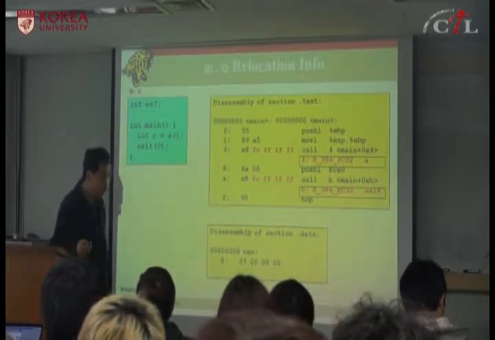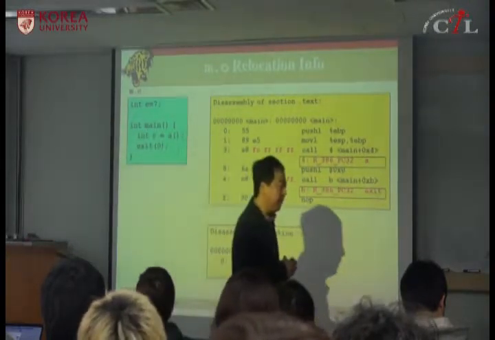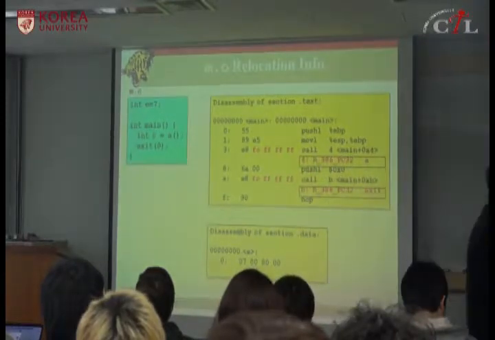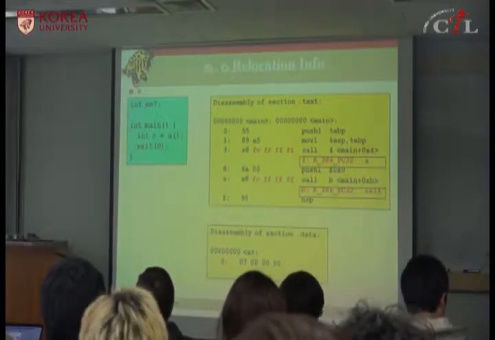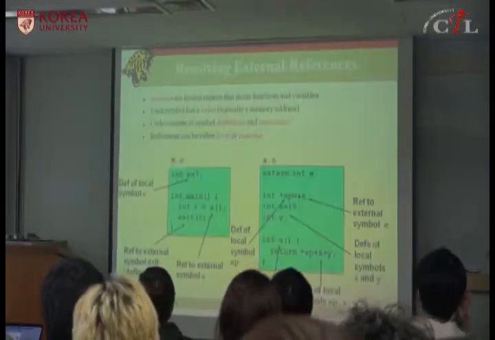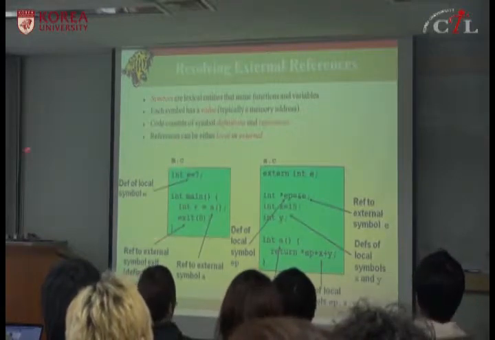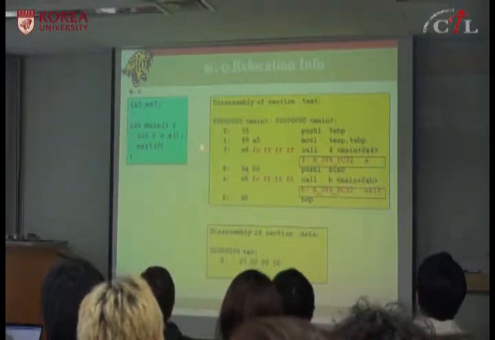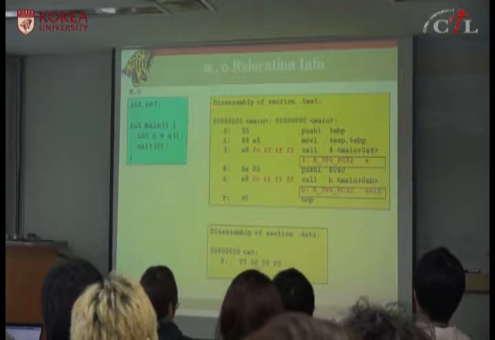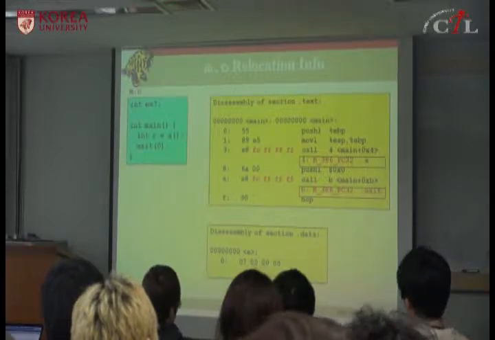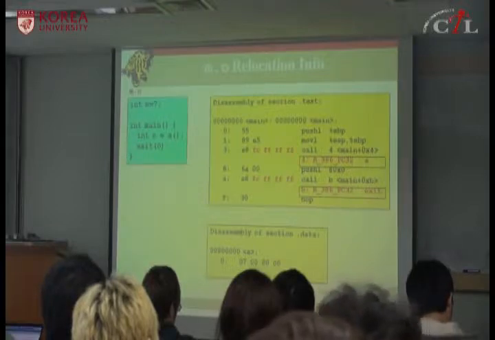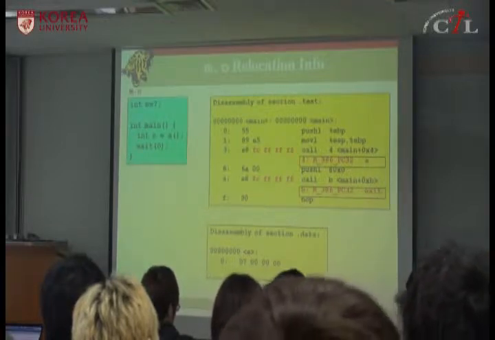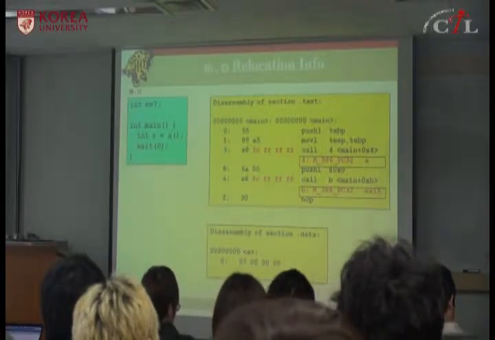Let's look at the relocation information generated by the compiler. By compiling m.c, this code, it generates this kind of object file. This is a binary file, but it is not an executable. It is a partial binary file. It does not contain all the functions and all the data, so it cannot be executable, but it is binary, translated code.